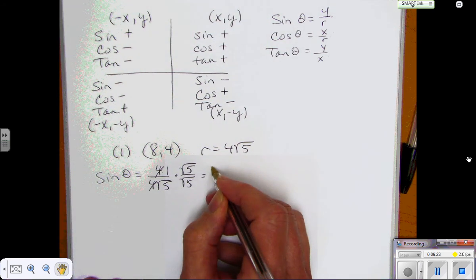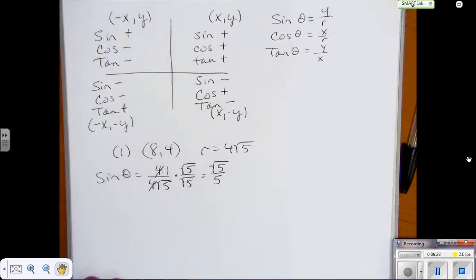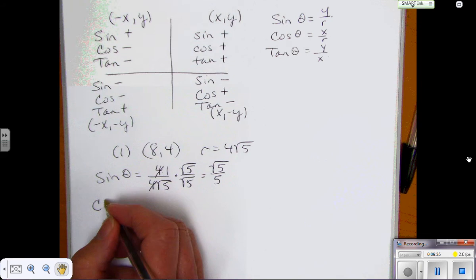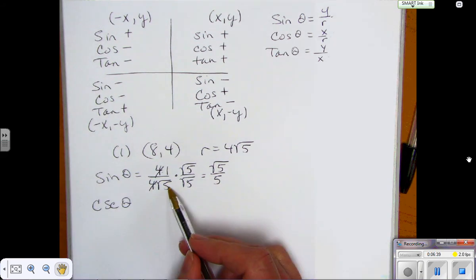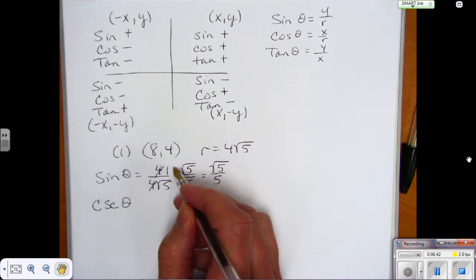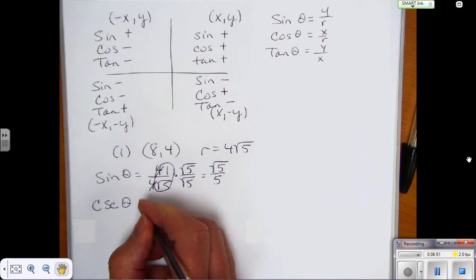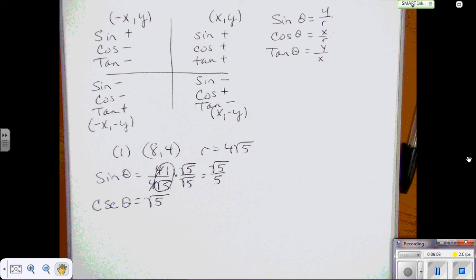Your sine ratio is the square root of 5 over 5. Now the cosecant is the inverse of your sine ratio. I'm going to use the very first one, not the rationalized one, because that would put another radical in the denominator. If I flip it over, I get square root of 5 over 1, or just square root of 5.